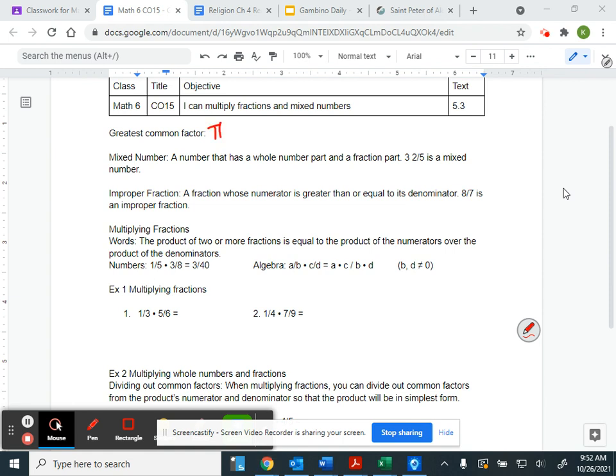The greatest common factor is the greatest whole number that is a factor of 2 or more non-zero whole numbers.